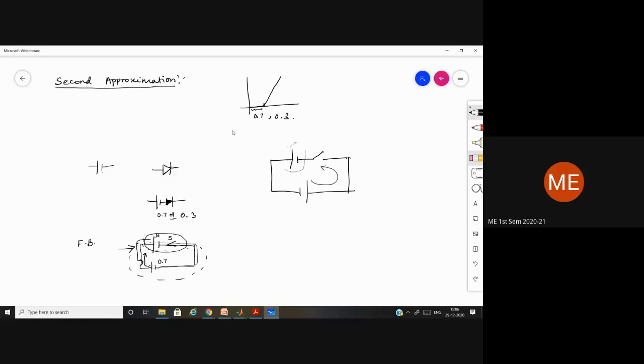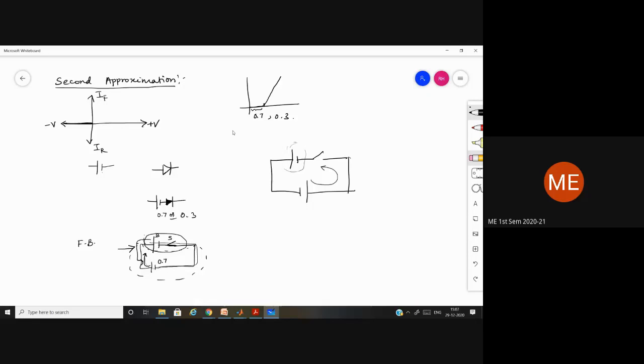So in the second approximation, they came up with a graph. On the negative side, that is minus V, and this is the positive side, this is IF positive, this is the reverse.